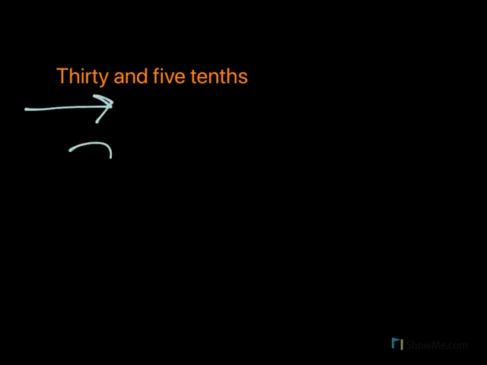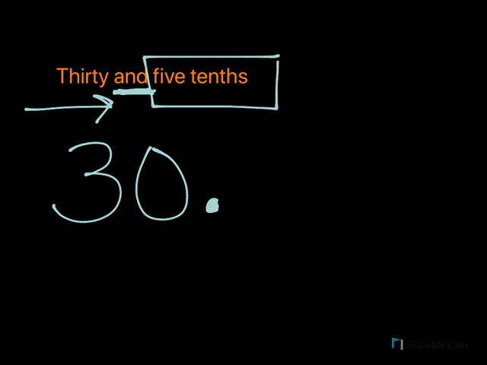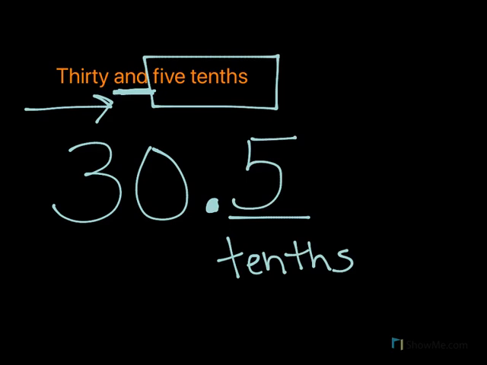Okay? So 30, where I see the word and, I do my decimal point. Then I see 5/10. Well, I know the place value to the right is the tenths place. In this case, we only have 5. There's our decimal.